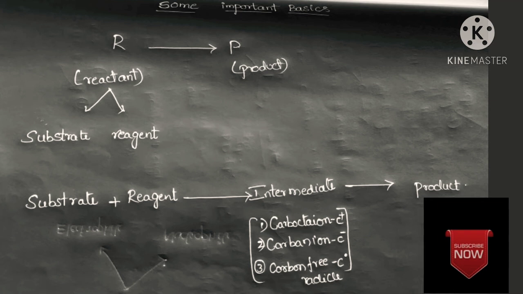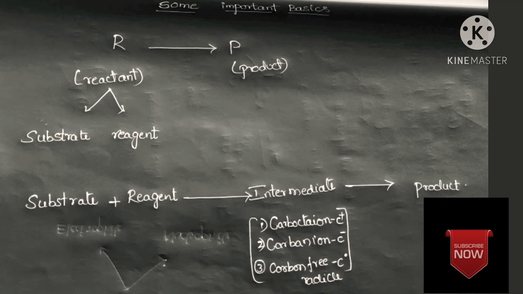That means before forming the product, there is what we call an intermediate or transition state. The intermediate should be converted into product. The intermediate may be a carbocation, a carbanion, or a carbon free radical.